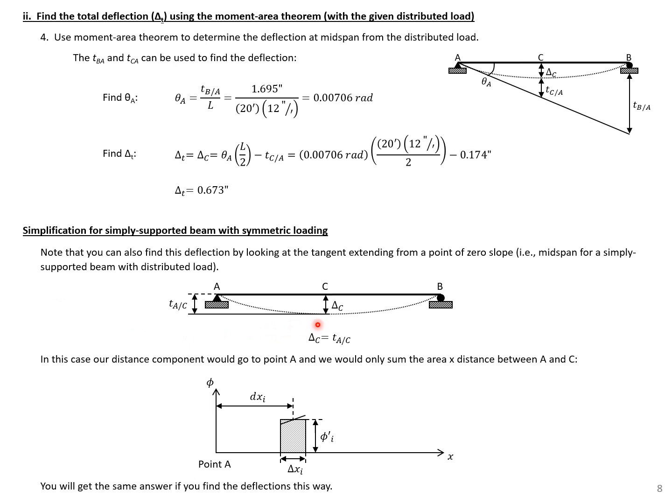We know that there's 0 rotation at midspan, so at our point C. So our tangent extending from C out to A, t sub A over C, is going to be equal to our deflection delta C. So in this case, we could also find our deflection by summing all of our segment contributions, but this time having a distance between point A and the center of the segment, and sum all the segment contributions between point A and point C. And if you do this, you'll get the same answer as we found doing the more general approach. So that concludes this example problem.